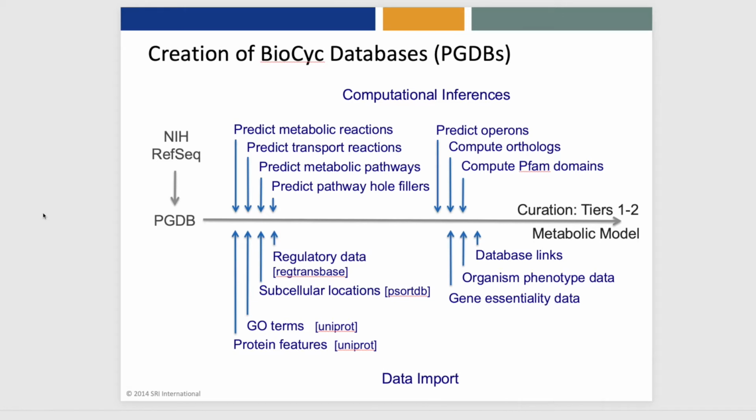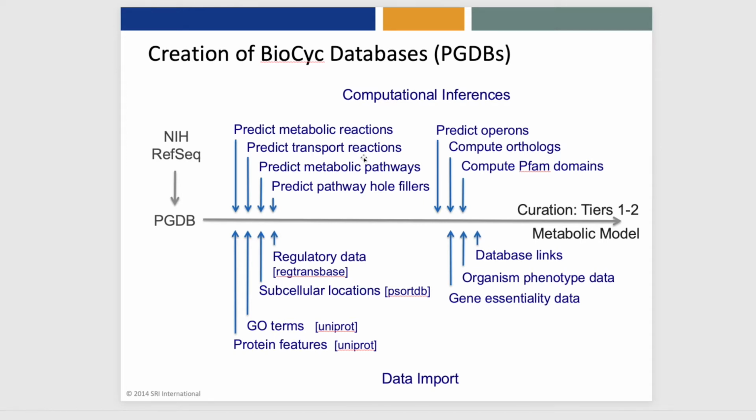Here's the overall process that we use to create new pathway genome databases, as we call the BioCyc databases. It combines import of information from a variety of databases with computational inferences. The process begins with an annotated genome, most of which are obtained from the NIH RefSeq database. The computational inferences we apply predict metabolic reactions and transport reactions of the organism.